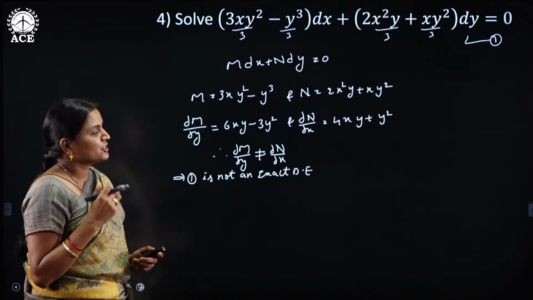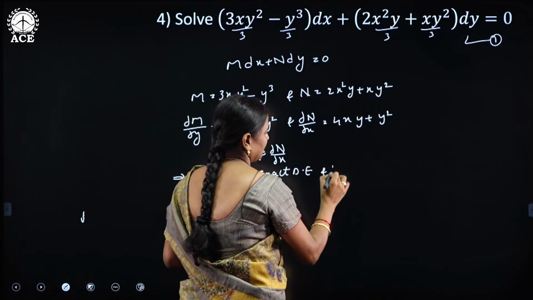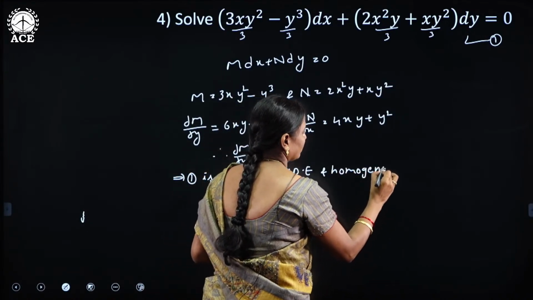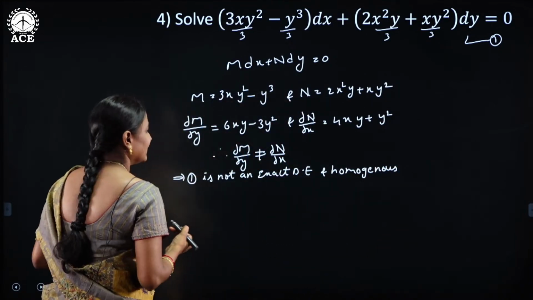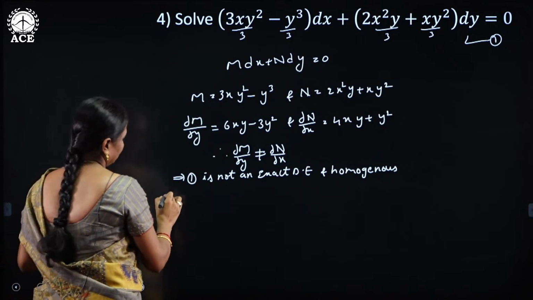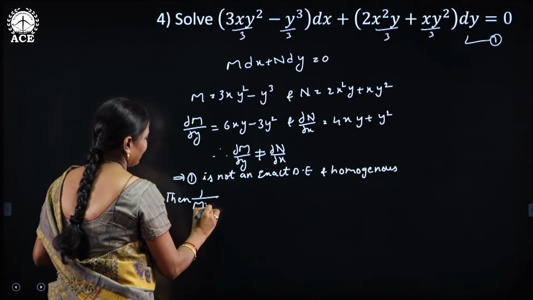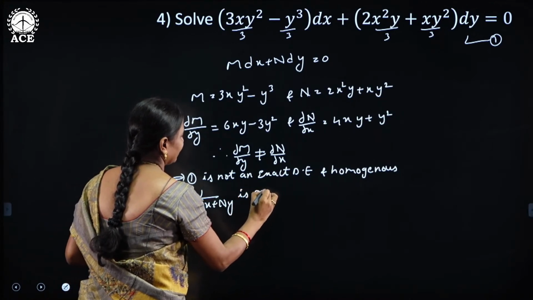So such a type of differential equation is called homogeneous. If it is homogeneous, what is the integrating factor? Then 1/(Mx + Ny) is an integrating factor.